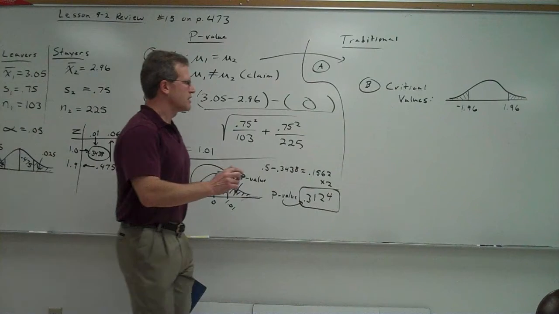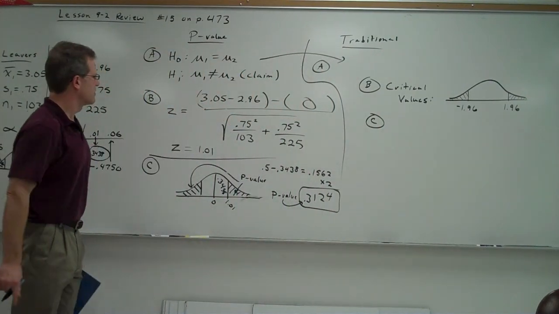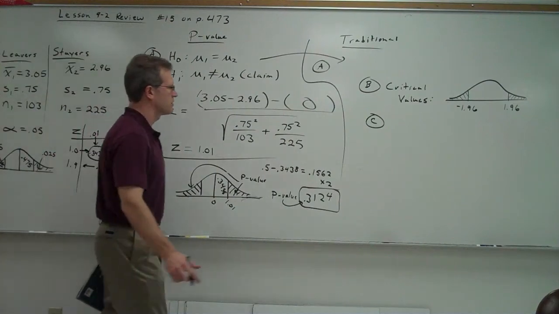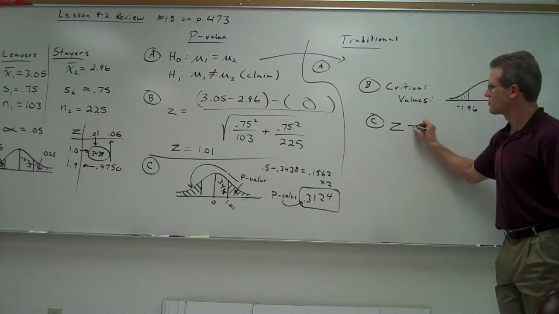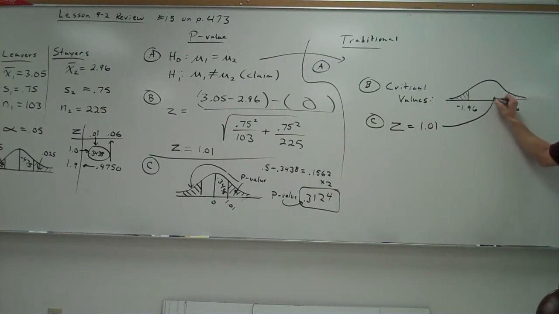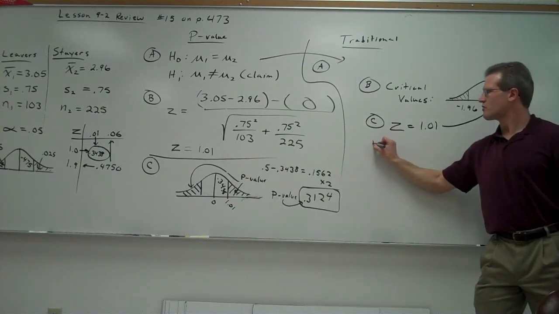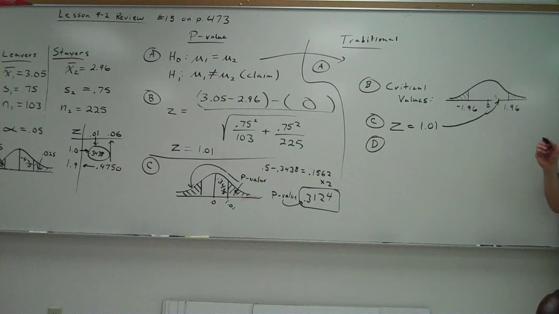Now, if we were doing the traditional method, now we would do the z-score. We go through that whole process again, and we get z equals 1.01, which falls right in there. Here's 0 right here. So 1.01 would maybe be about right there. So then, if we're in the white region, we say reject or do not reject.